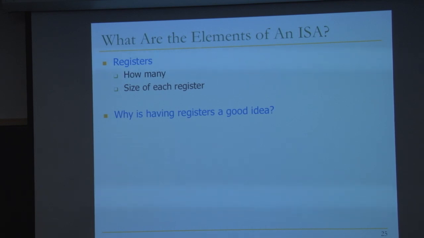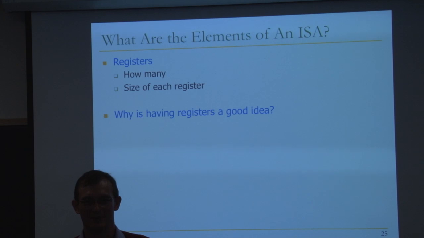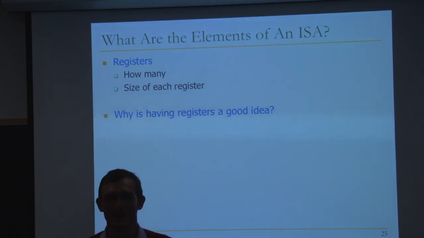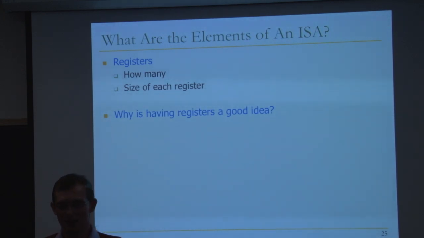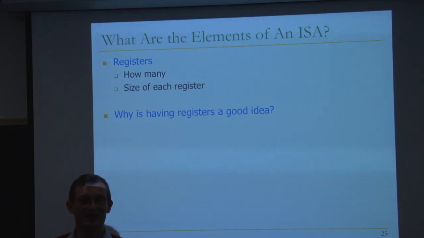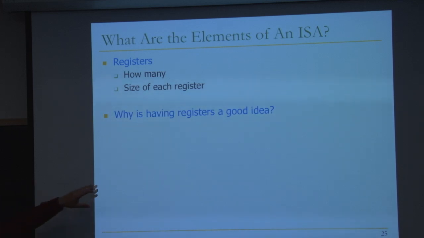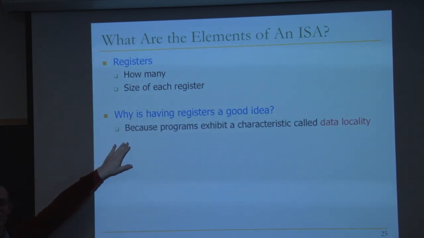But why do you want to make it visible to the programmer or the compiler? Yes? Well, yeah, the compiler needs to know how many registers there are. So the compiler or the programmer can figure out which values you really need, which values have a lot of locality, and keep them in this fast storage, right? So basically, we're exploiting the principle of data locality.